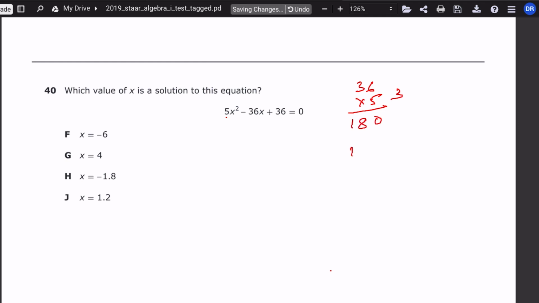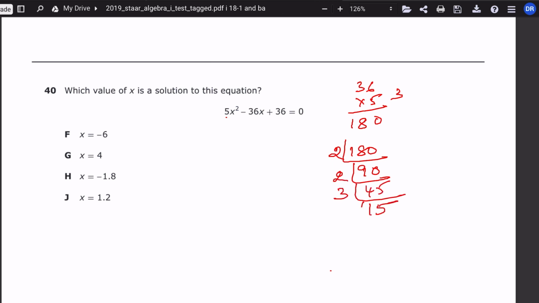For 180 we'll find the factors. 2 9s are 18, 2 45s are 90, 3 15s are 45, 3 5s are 15. So 180 can be written as 2 into 2 into 3 into 3 into 5. We are getting these as the factors.